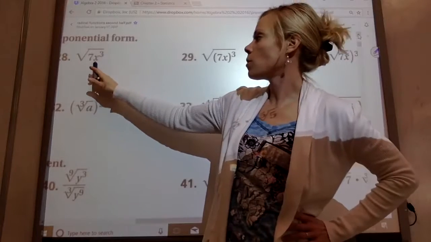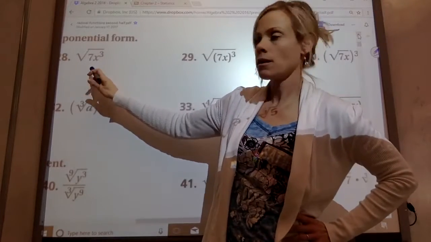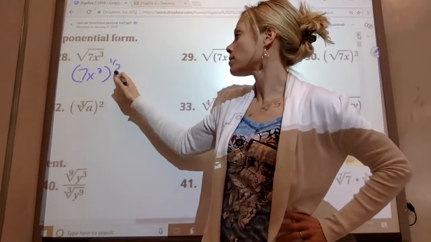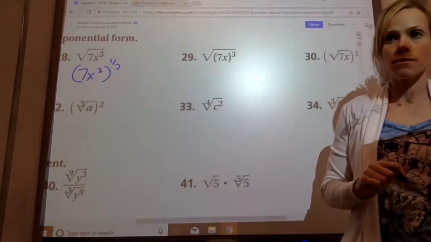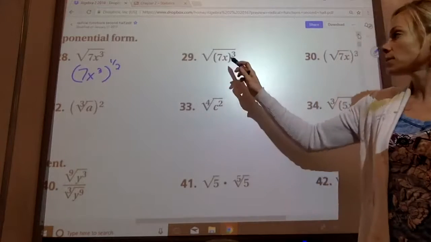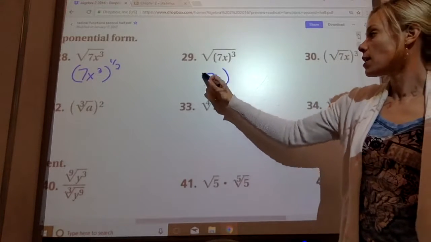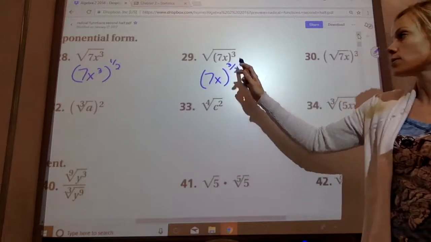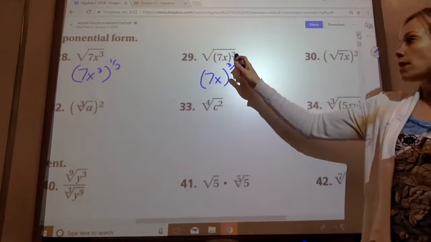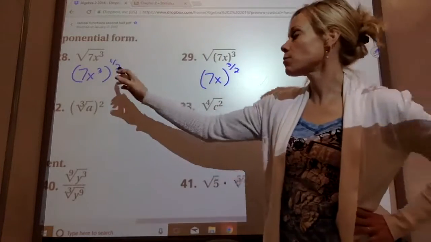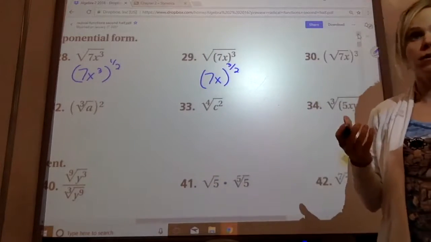This cubed is only going to the x. So if I was going to write it as a rational exponent, I would do 7x cubed to the 1/2. But this one, since it's in parentheses, I can write as 7x to the 3/2, because that is my m and 2 is my n.